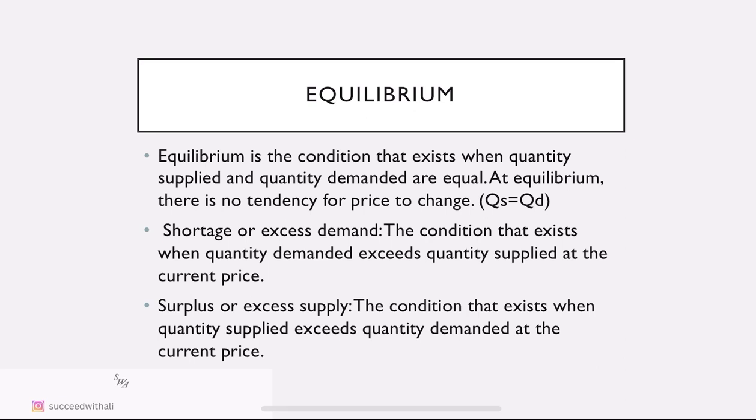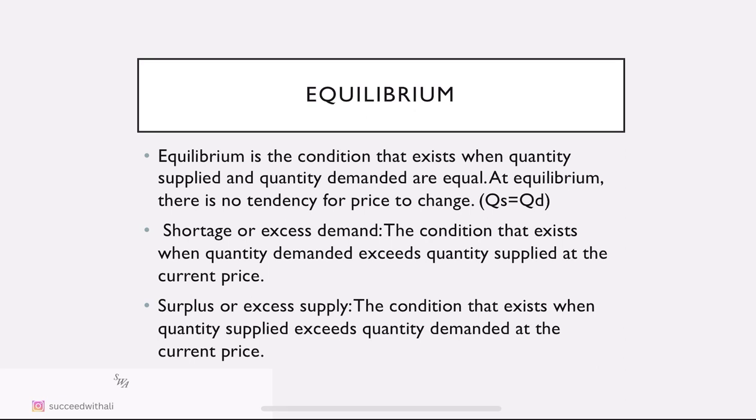So let's say there are 1,000 items of something, and 5,000 people demand that something. That's the shortage. Surplus is vice versa.